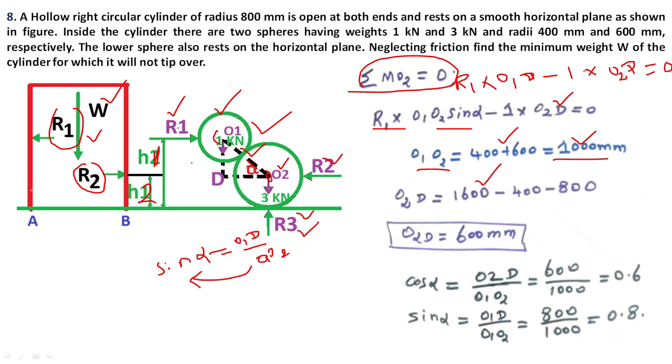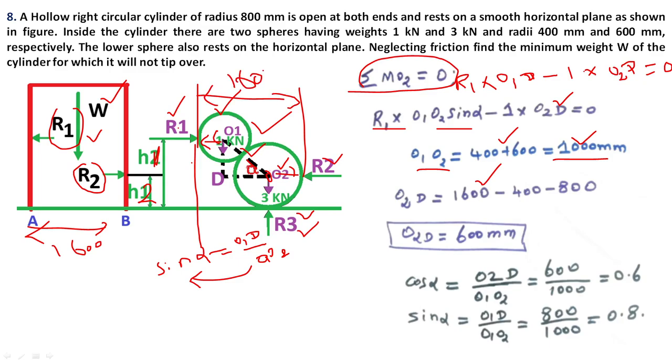The total distance of the cylinder is 1600. Here the radius is 400, and here the distance is 600.